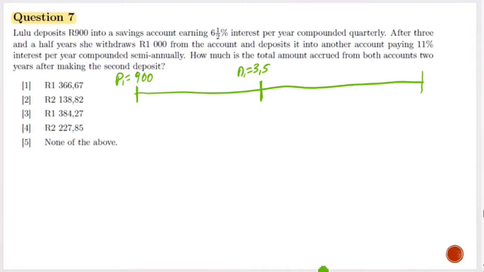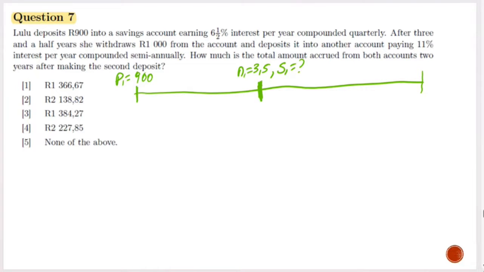Here, obviously, you are going to have your S1, which you don't know. However, during this time, Lulu decides to withdraw and have another account, a second account.